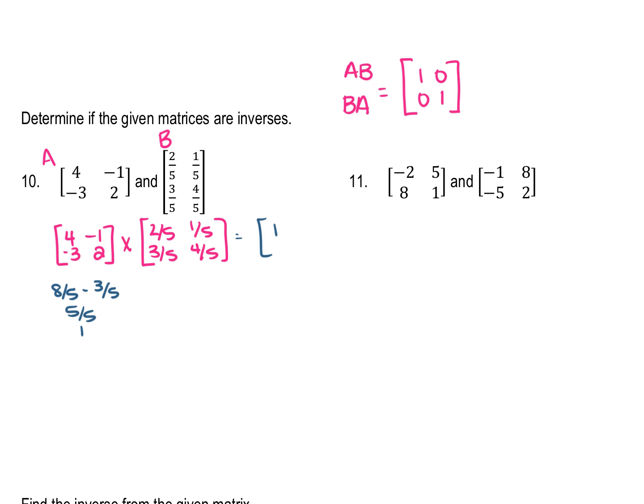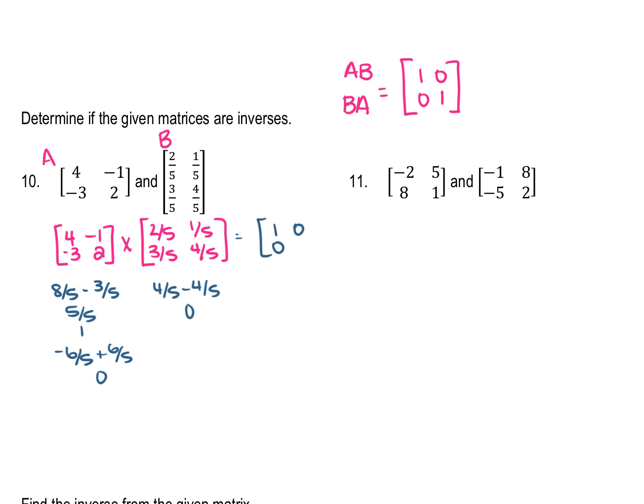Next, you do first row, second column. So 4 times 1/5 is 4/5. Negative 1 times 4/5 is negative 4/5. Subtract those, that gives you 0. Bottom row, first column, negative 3 times 2/5 is negative 6/5. 2 times 3/5 is 6/5. Combine those, that gives you 0.